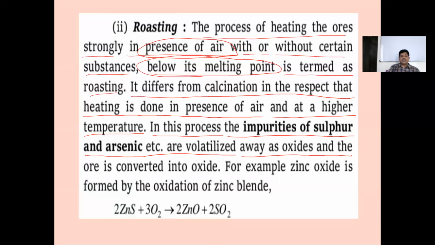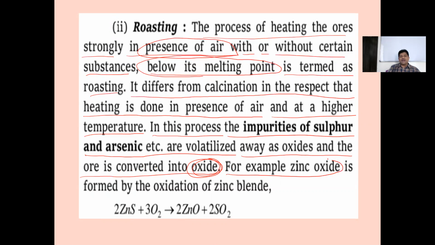They will give oxides, and the ore is converted into oxide. Sulfide ore becomes oxide ore. Remember here that the sulfide ore will be converted into oxide ore in the roasting process.